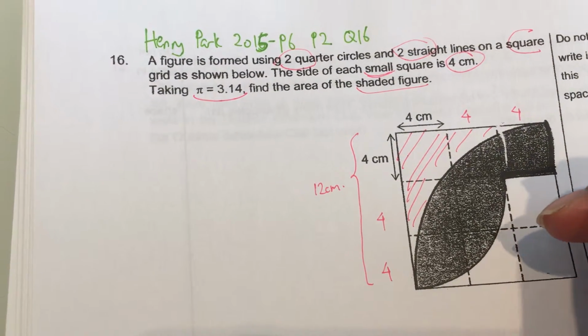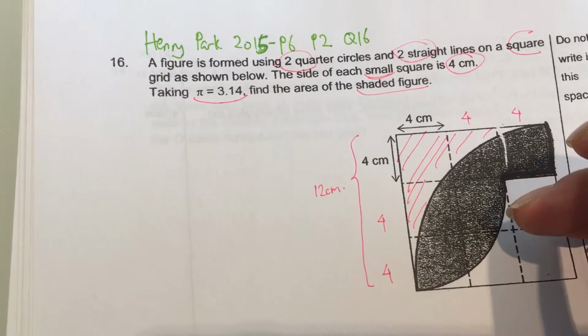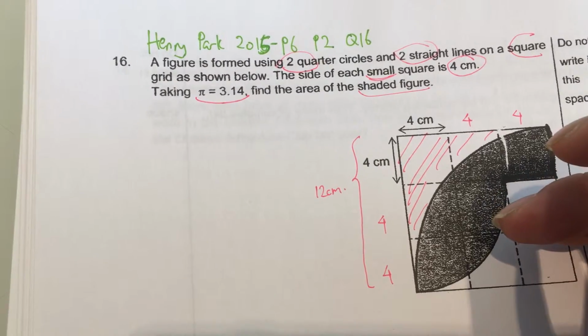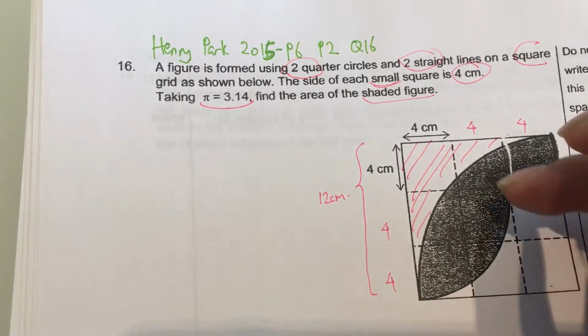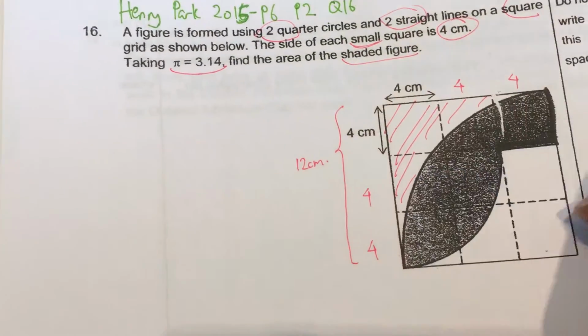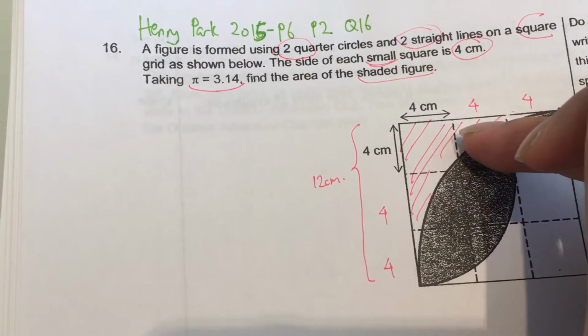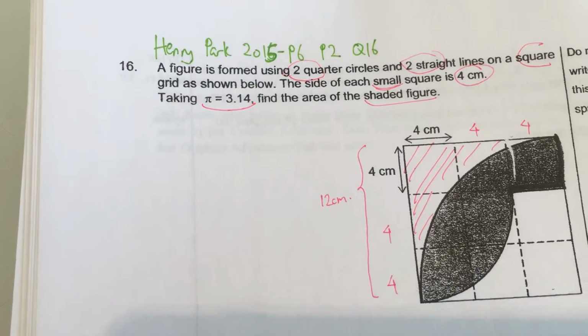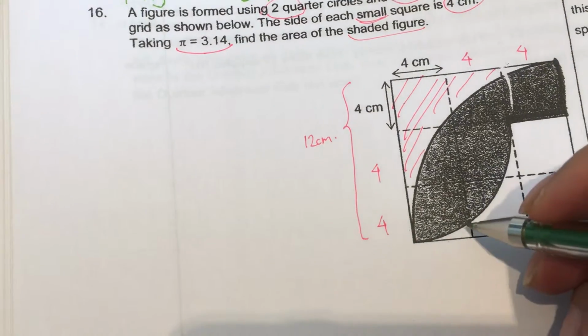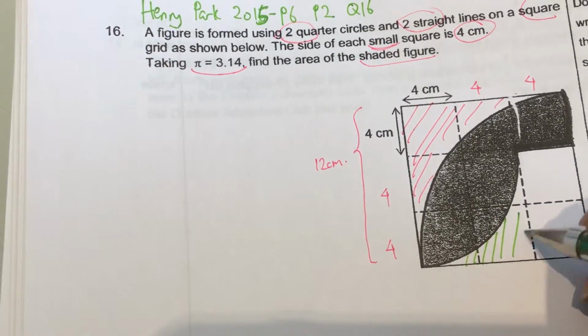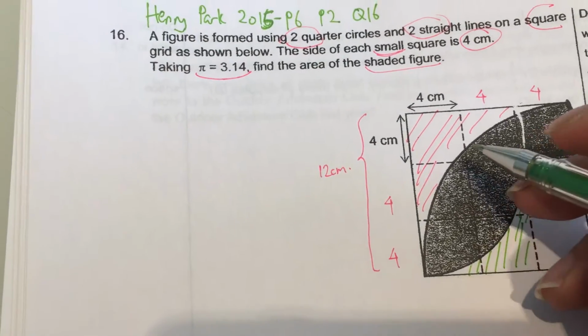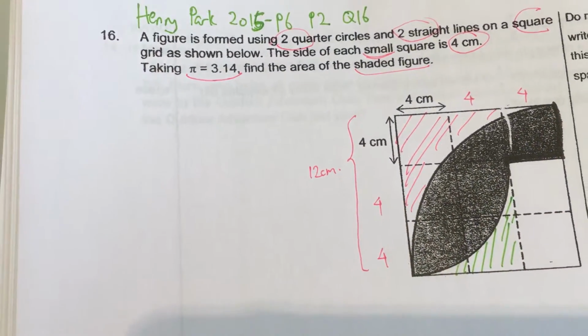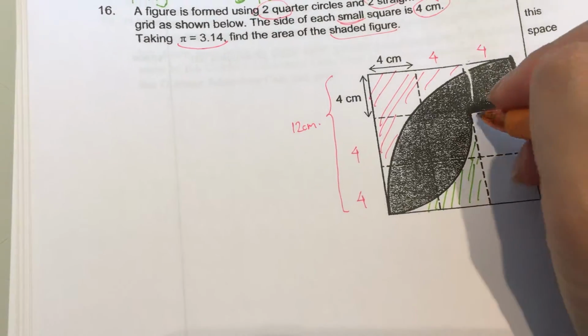One of the fastest ways to find the area of the shaded figure is to take the full square and minus off the unshaded part. So we have the pink portion, then the green portion, which is smaller than the pink portion, then the orange portion.